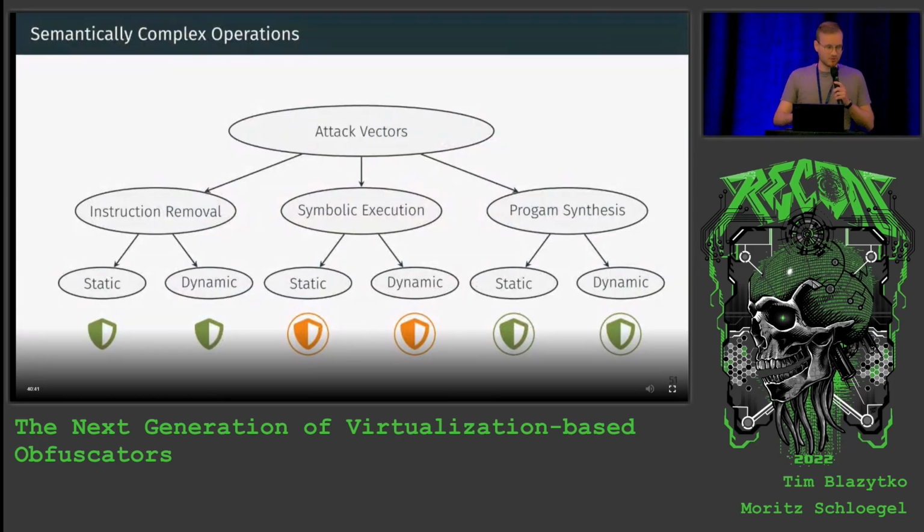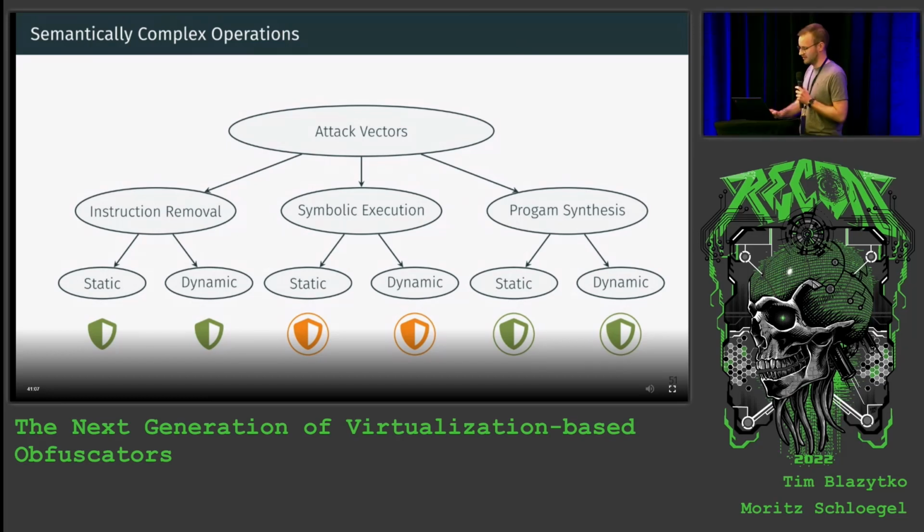All right, so these semantically complex operations based on the actual target program are great because synthesis is really good for simple operations. So for simple operations, you can synthesize them without problems, but if it gets complicated, it won't work. So this stalls our program synthesis, and the inherent complexity of these expressions also makes symbolic execution less of a threat.